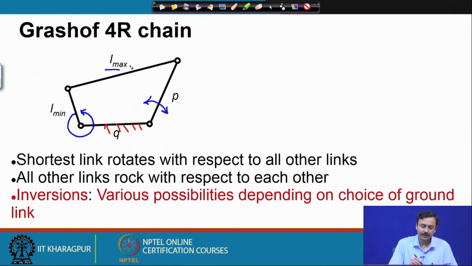Only link that can rotate completely is L min. But then suppose I fix this as ground, then what happens?